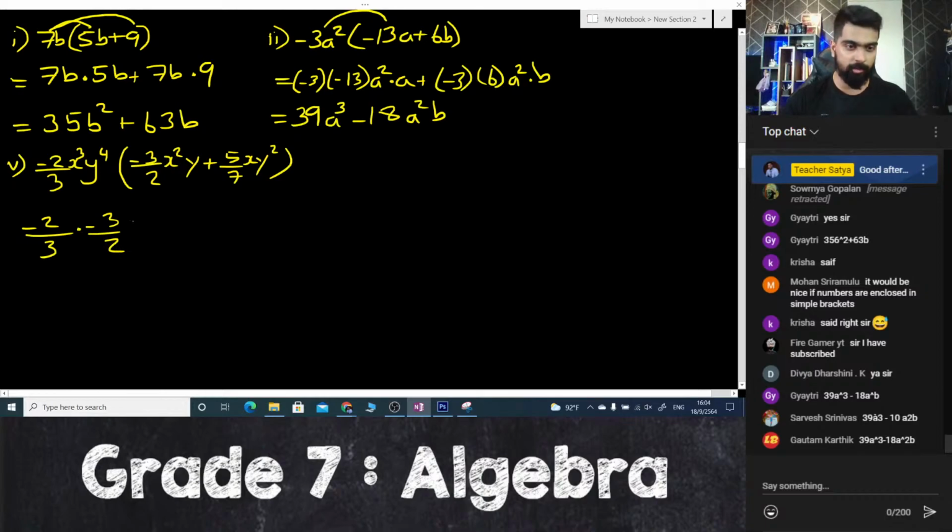So we have x cubed y to the power of 4 times x squared. And now plus again negative 2 over 3 multiplied with 5 over 7, and again we have x cubed y to the power of 4 multiplied with x y squared.